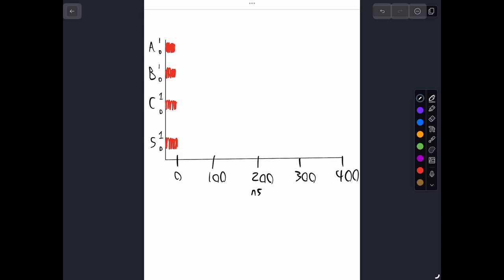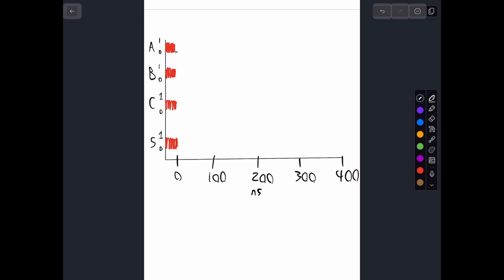Now if this is like 100, 200, 300, 400, at this point there's probably not going to be too much of a visible delay between A changing and C and S changing, because it's just going to take a small little time on the span of 100 nanoseconds. So if A is 0, and then switches to 1, and then back to 0 maybe, and then B, maybe something like this.